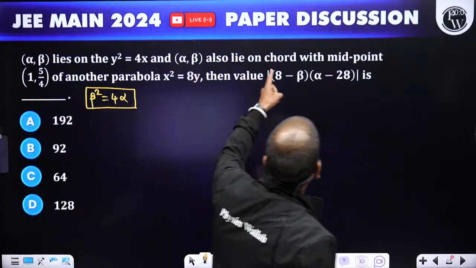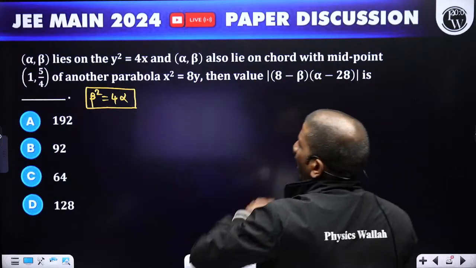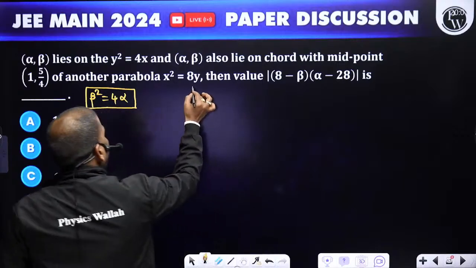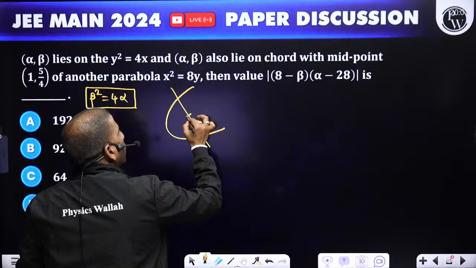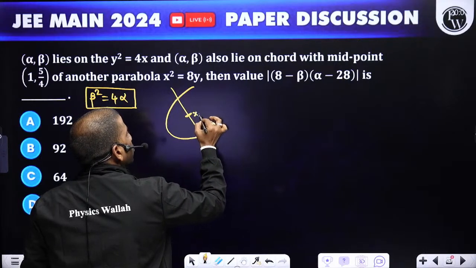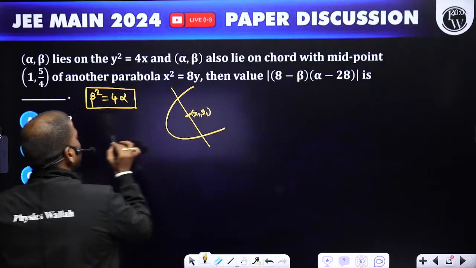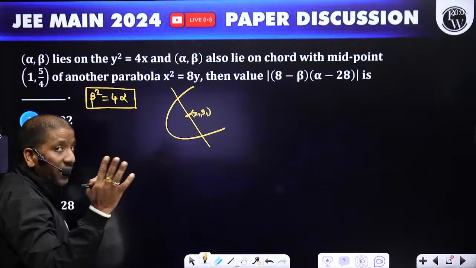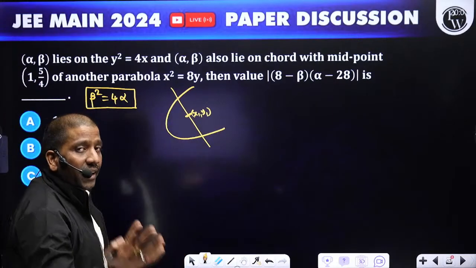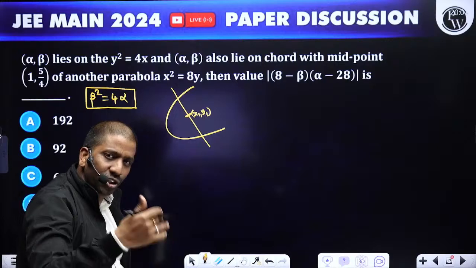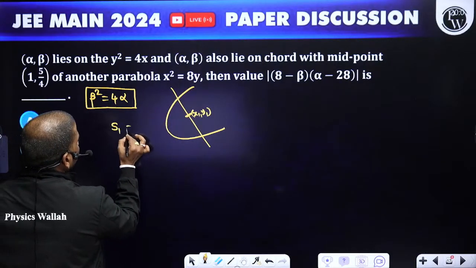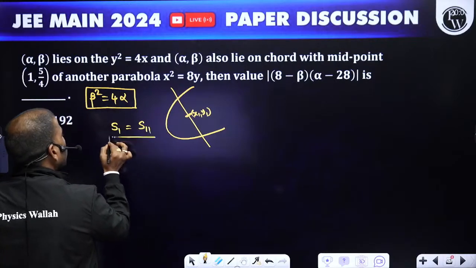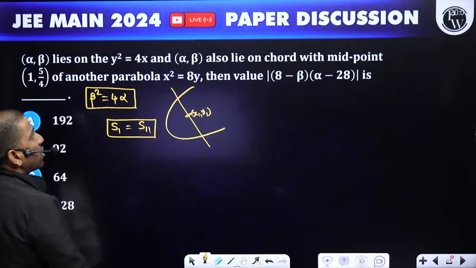Alpha beta also lies on the chord with a midpoint. So when the midpoint is given, what is the equation of the chord? Midpoint is given as x1, y1. We always study 3 different forms: equation of chord, equation of tangent, equation of normal. When the midpoint is given, the answer is S1 is equal to S11.